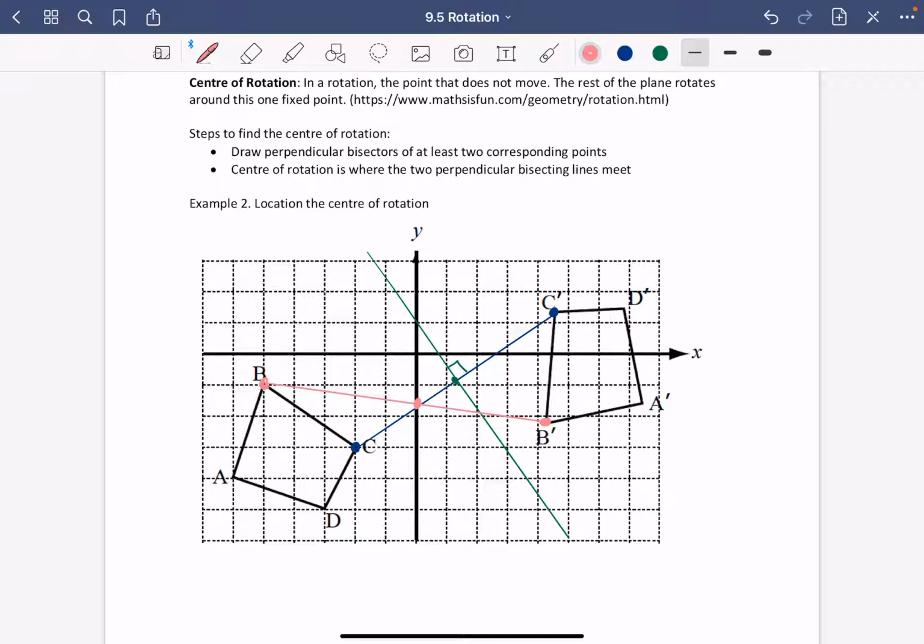And let's find 90 degrees. It will be something like that. Okay, yeah. So the center of rotation for this question will be the intersection of these two perpendicular bisectors, which is right here. Okay, so this is our center of rotation.